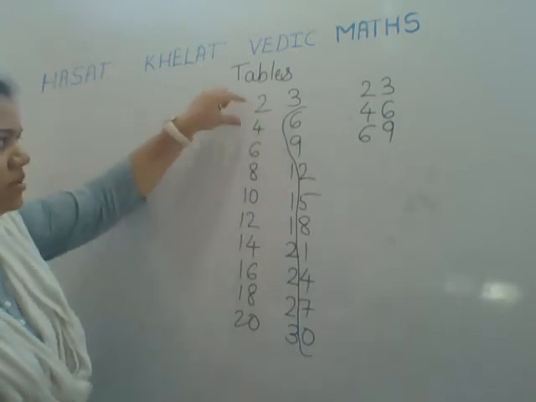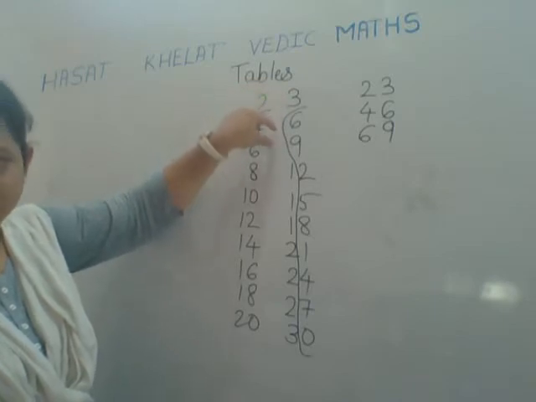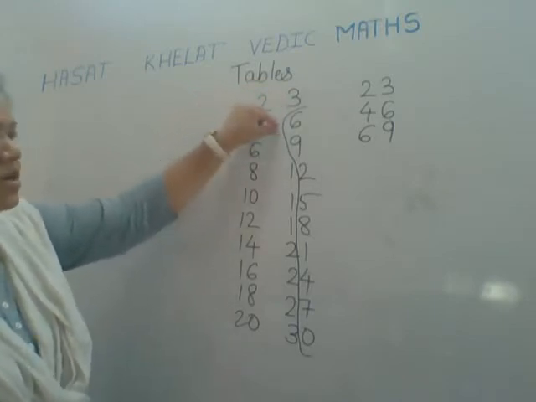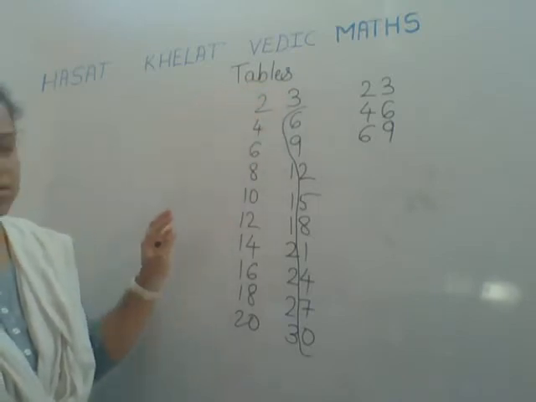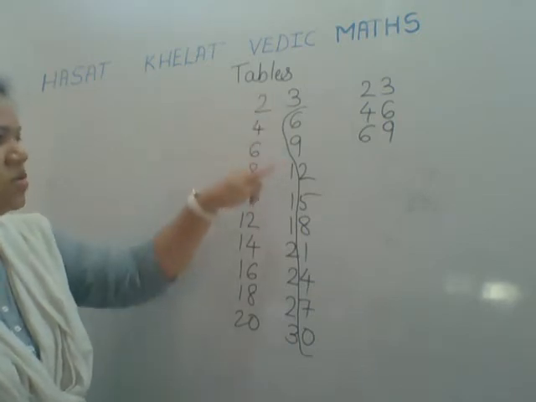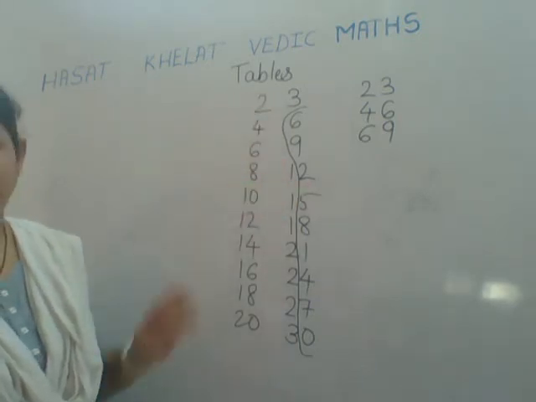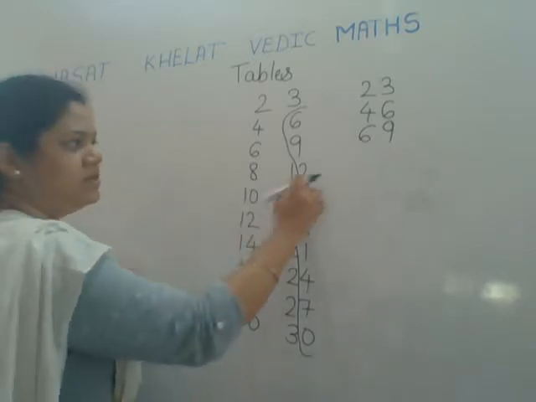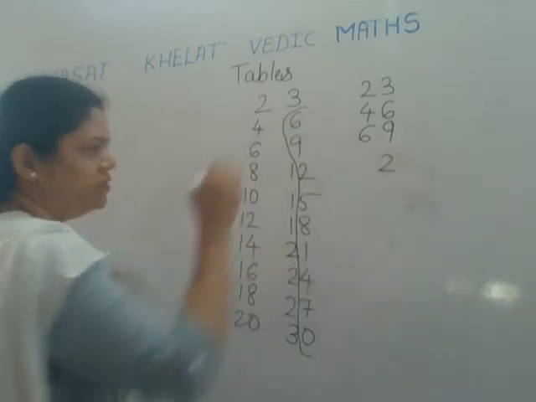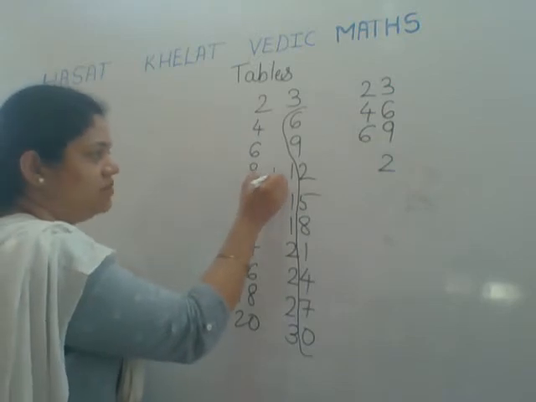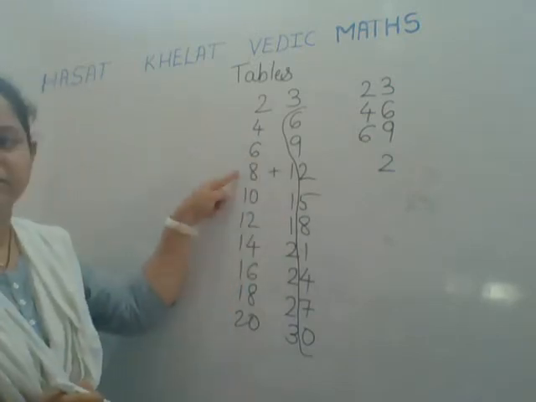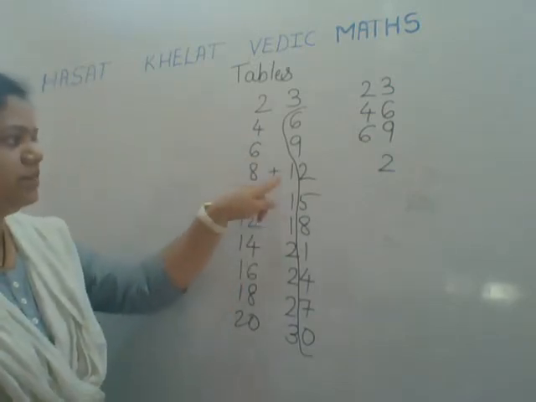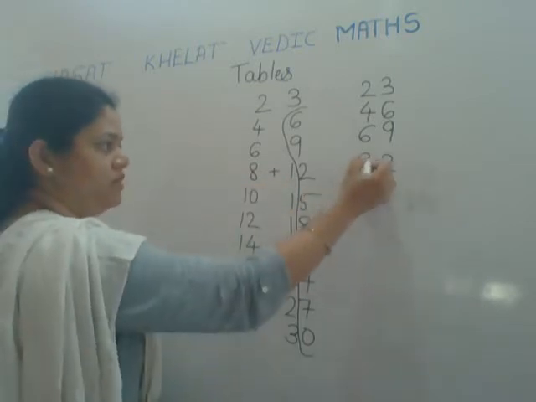Below the 2 table and below the 3 table, the numbers were single digit numbers. But now 3 fours are 12. A 2 digit number has been introduced. Now what will you do? Write this 2 here. 23 fours are, and this 1 will get added with 8. So 8 plus 1 will become 9.